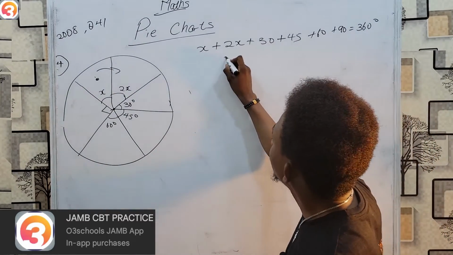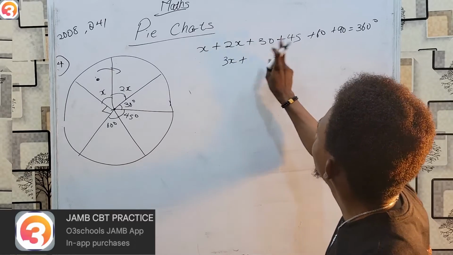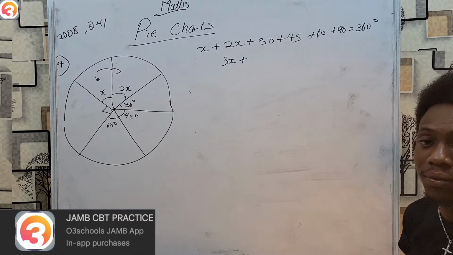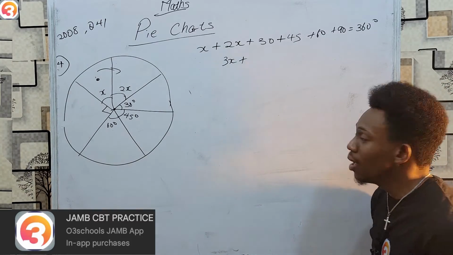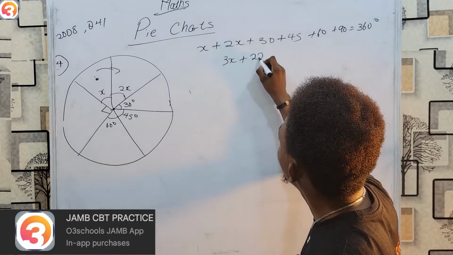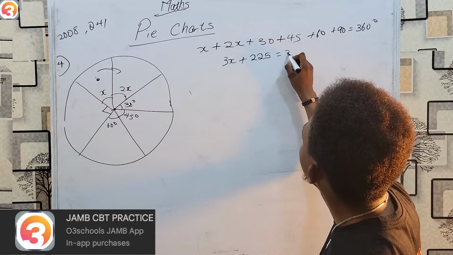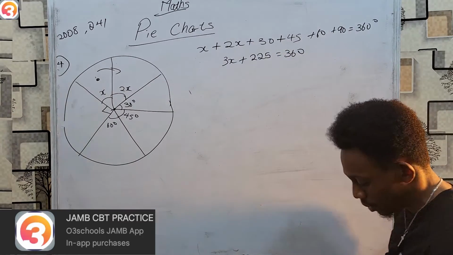X plus 2x is 3x. 30 plus 45 is 75. 75 plus 60 is 135. Adding 90 is 225. So 3x plus 225 equals 360.